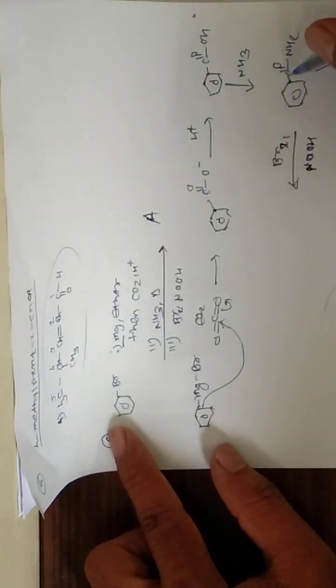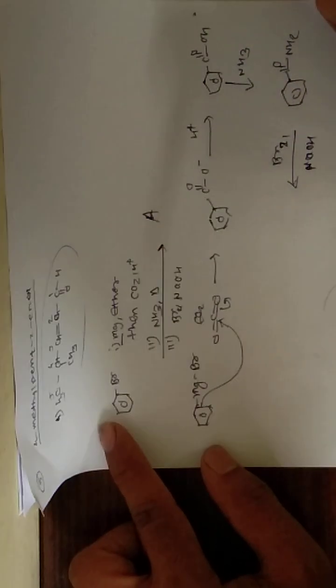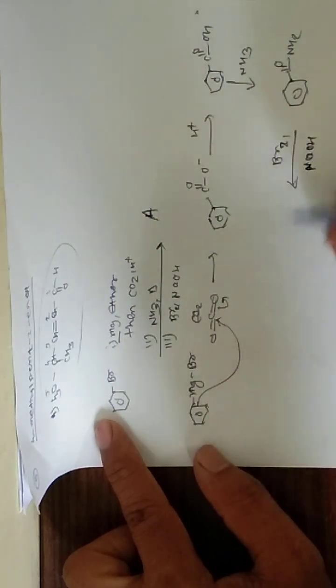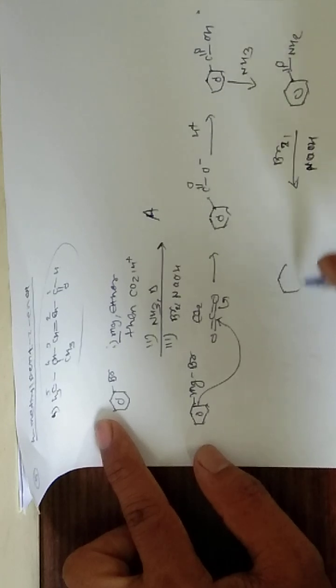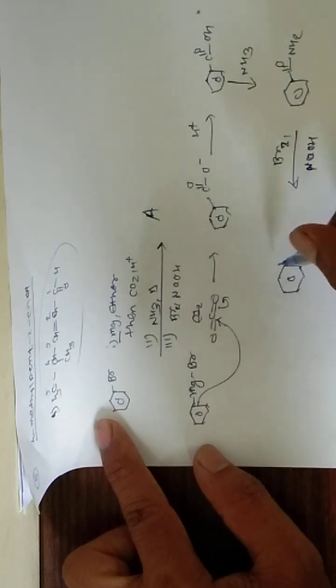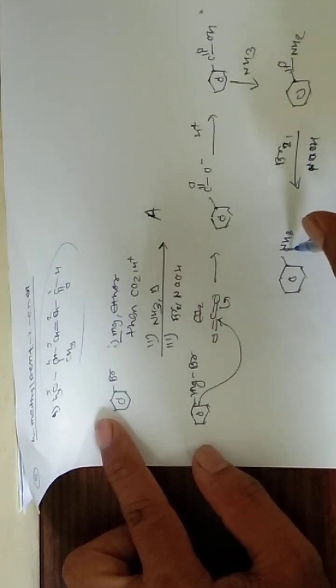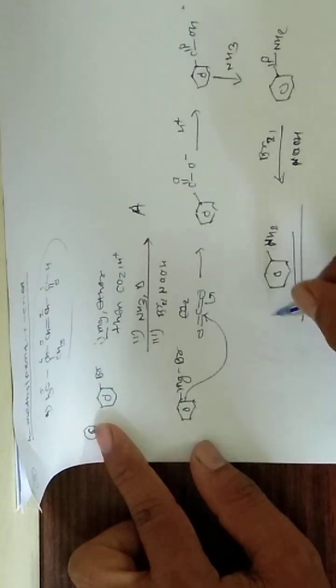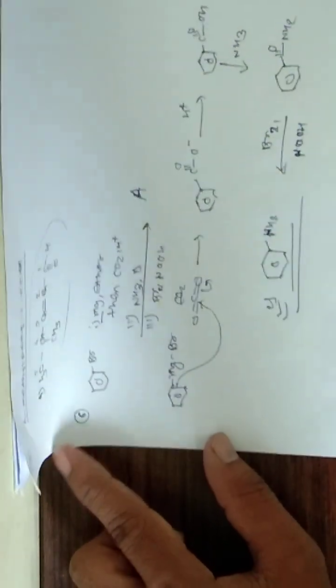This is the Hofmann bromamide degradation. Why degradation? Here one carbon is less, it reduces to an amine with one carbon atom less. This is the final product, aniline. So the second option is that, and therefore the correct option is second.